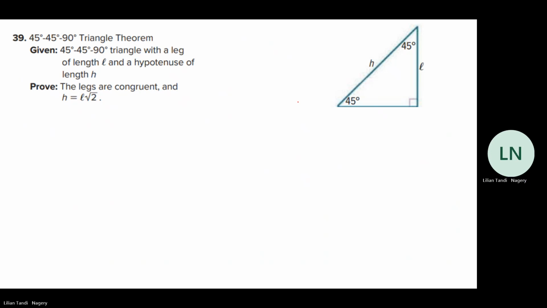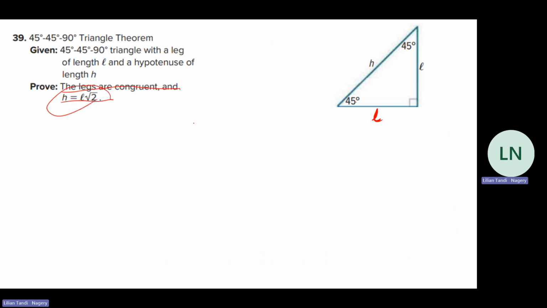Now, we are going to write, is it a 2-column proof? We just prove that the legs are congruent. Okay, the legs are congruent because this is a 45 degree angle. So this has to be L over here. And this is an isosceles triangle because the base angles are the same. So prove that the legs are congruent and H equals L square root 2.